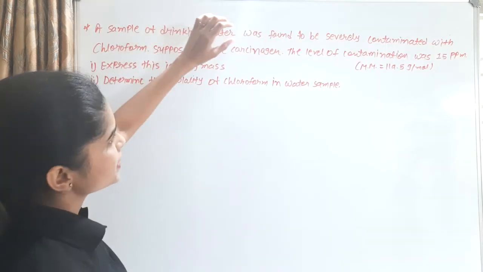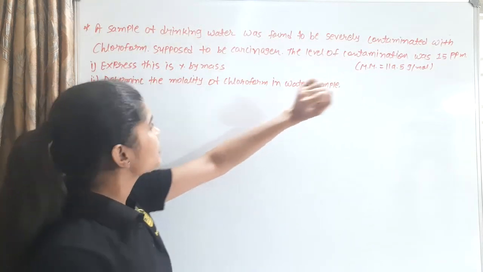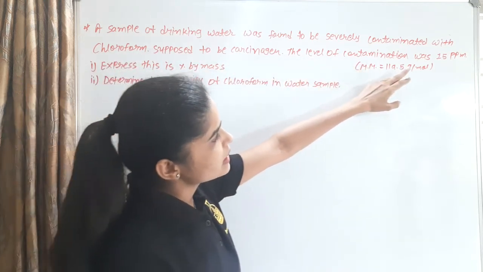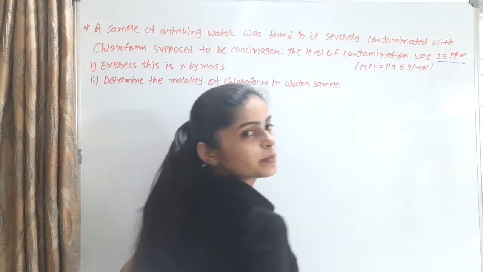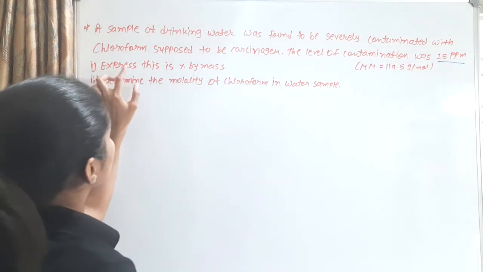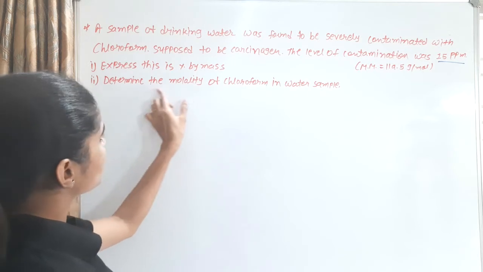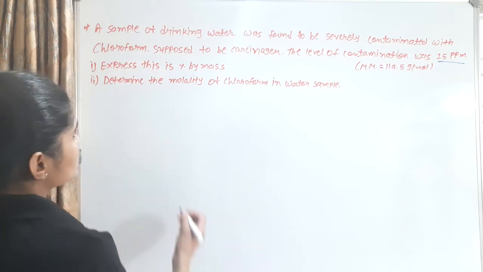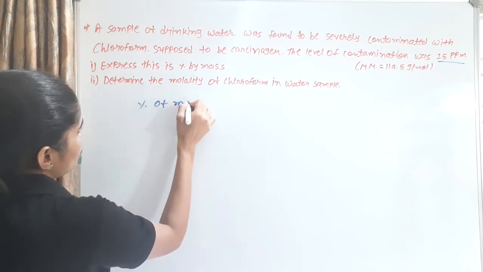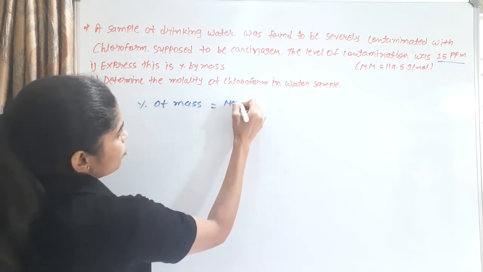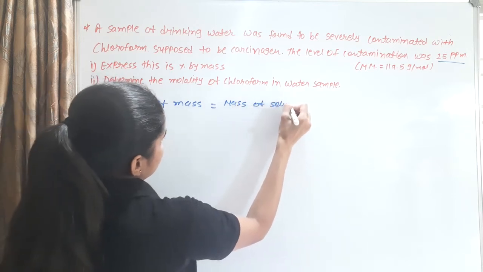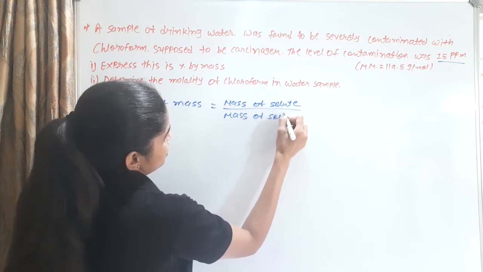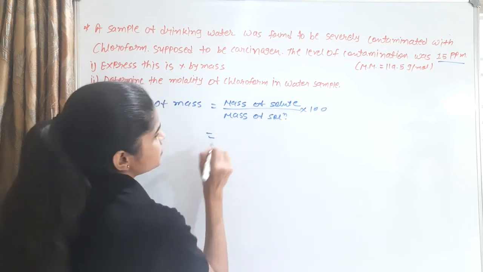A sample of drinking water was found to be severely contaminated with chloroform, supposed to be a carcinogen. The level of contamination was 15 ppm. Find out the percentage by mass and determine the molality of chloroform in water sample. First is the percentage of mass. Percentage of mass is equal to the mass of solute divided by mass of solution multiply with 100.